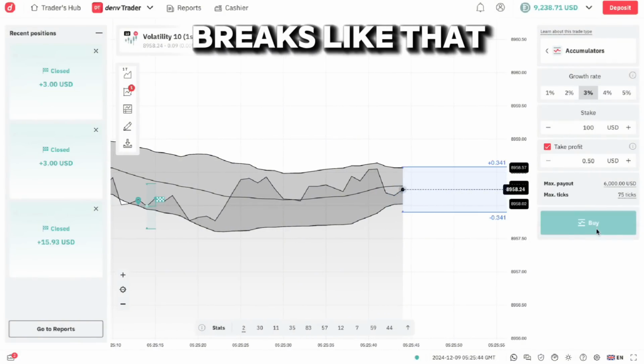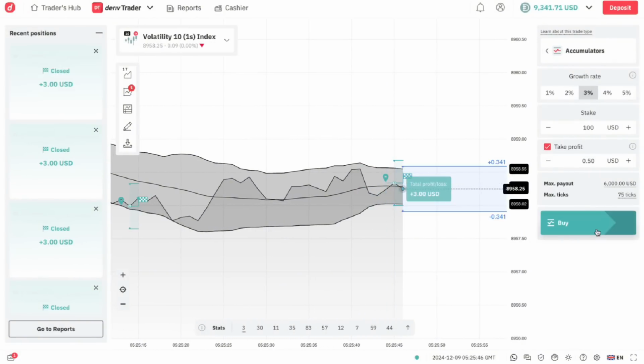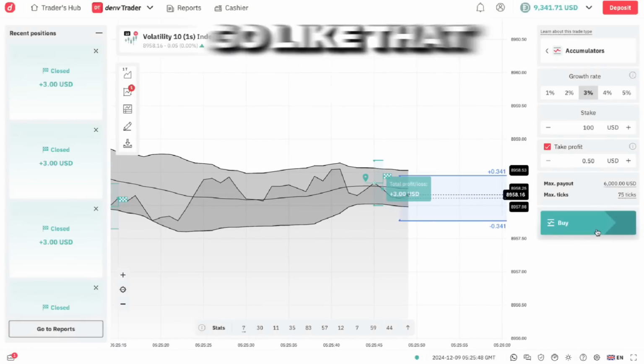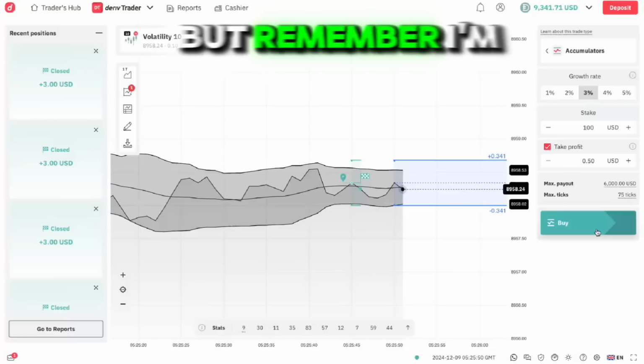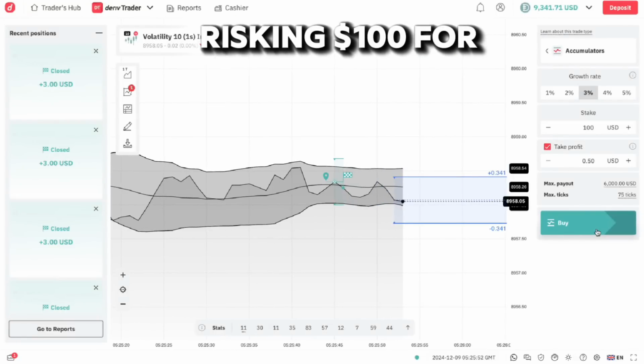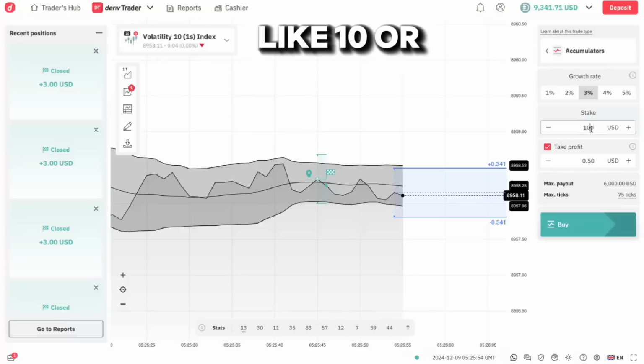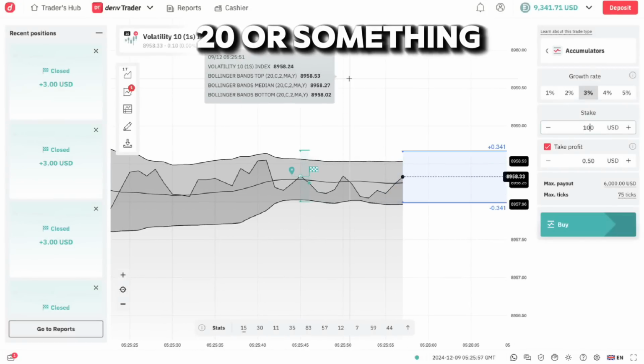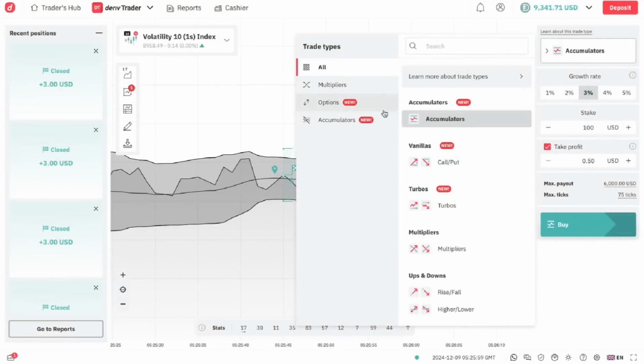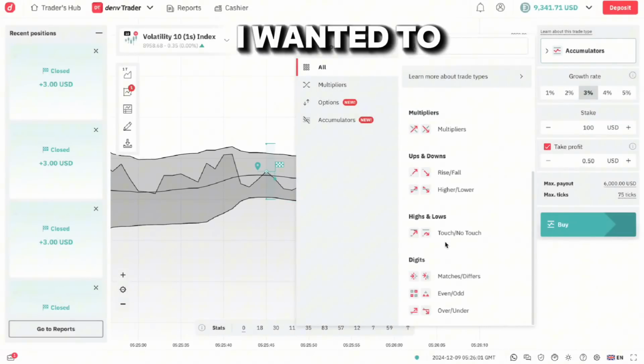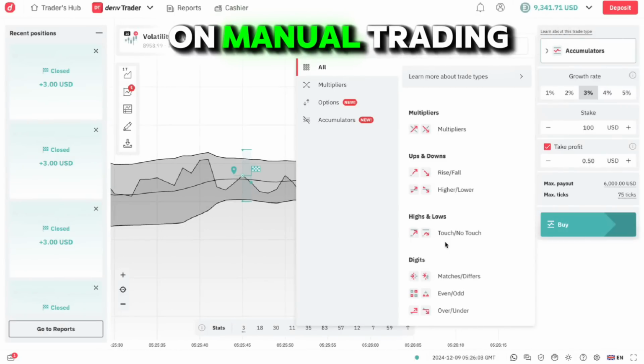If it breaks like that, just press it, and there you go, like that. But remember, I'm risking $100. For you, you'd probably be risking like 10 or 20 or something else. So those are the market types that I wanted to show you on manual trading.